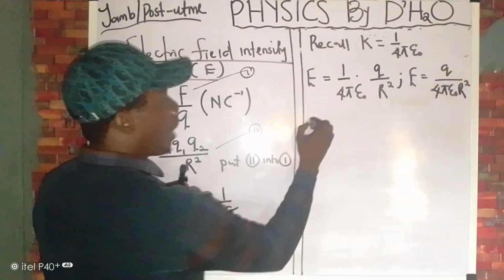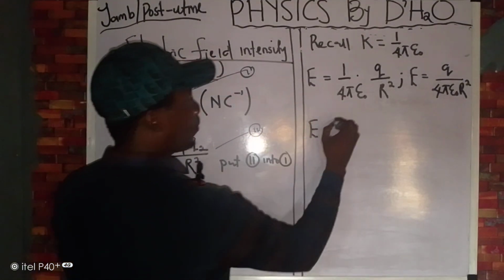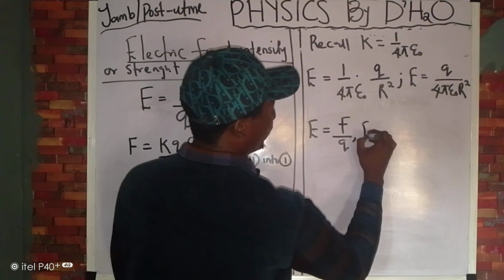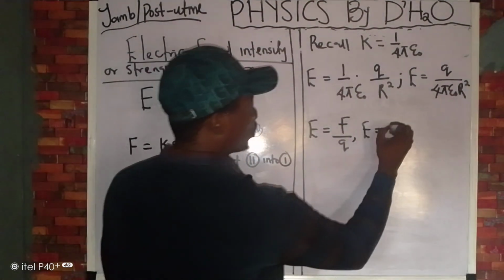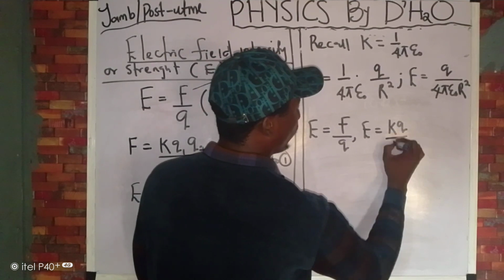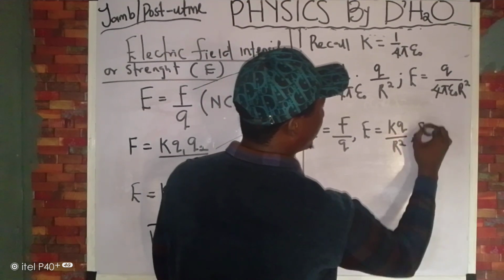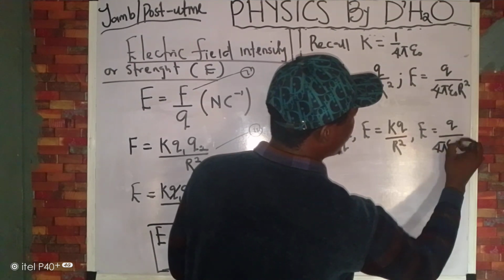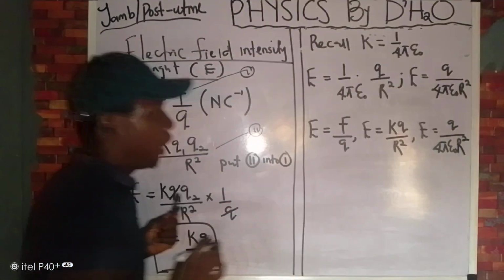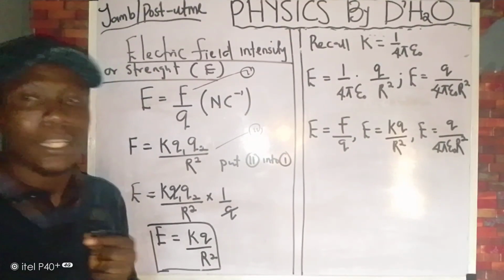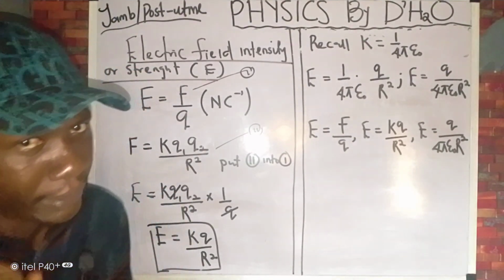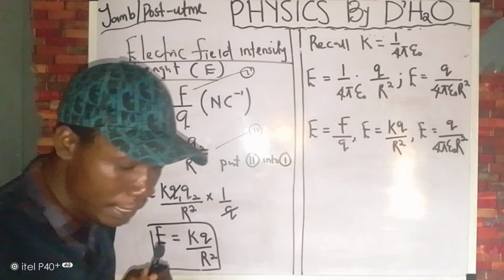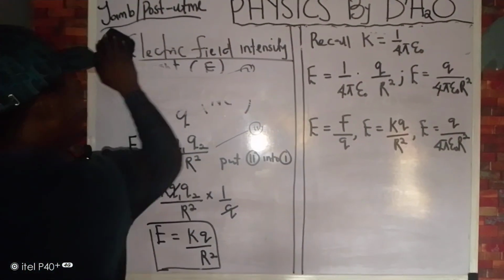So our electric field intensity can be force over charge, or it can be equal to KQ over R squared, or finally, it can be equal to Q over 4 pi permittivity R squared. So this is for electric field intensity. Is that clear? Good. Now let us go to electric field potential.